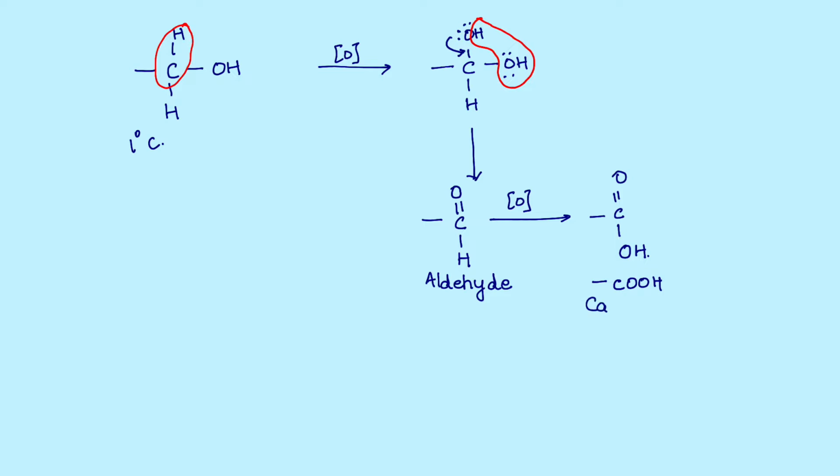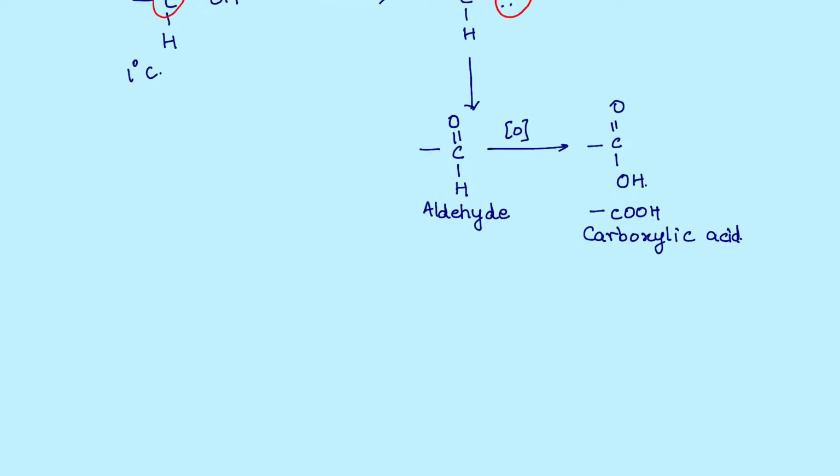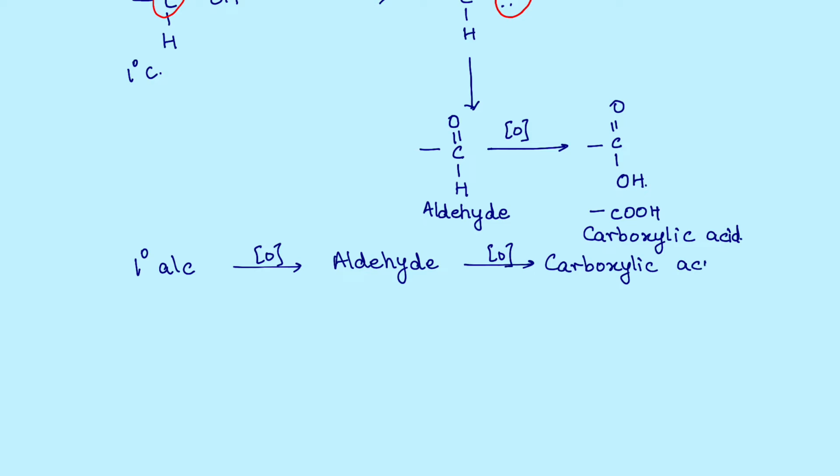Yes, absolutely right, we get a carboxylic acid here. In other words, when you oxidize a primary alcohol, it will get oxidized to an aldehyde first, and further on, if I have a strong oxidizing agent, this aldehyde gets converted into carboxylic acid.